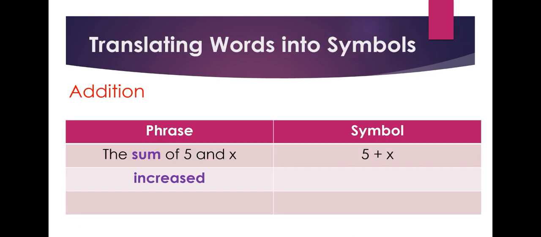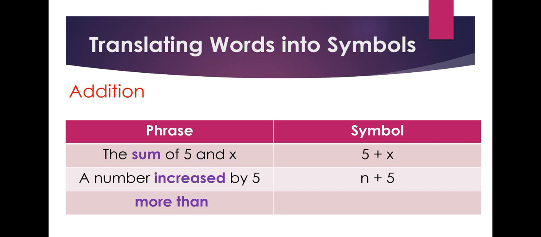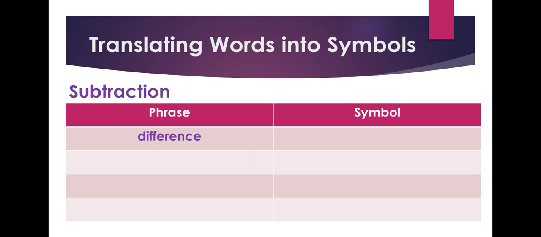The word increase: when you see this word, that means the operation is also addition. For example, a number is increased by 5. When we translate, we have n plus 5. And then the words more than are also for addition. 5 more than a number. So, we have n plus 5.